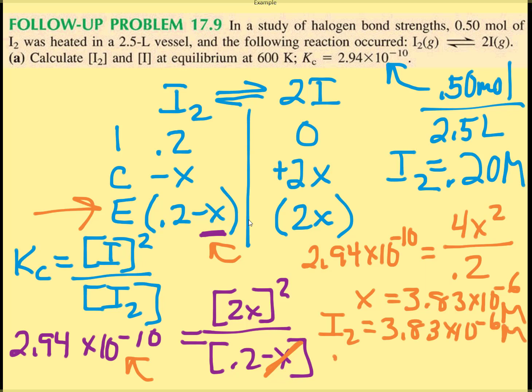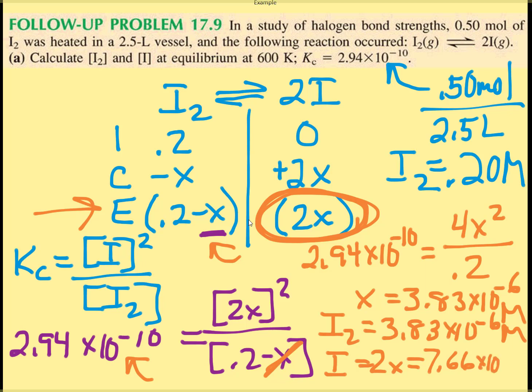However, my just plain I, if you look up here at equilibrium, it says 2x. So I'm going to multiply that number times 2 because it's 2x. And I'm going to get 7.66 times 10 to the minus 6. And the problem wants both of those values. So it wants those equilibrium values. So here they are.